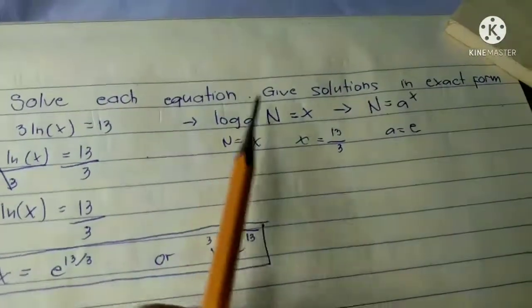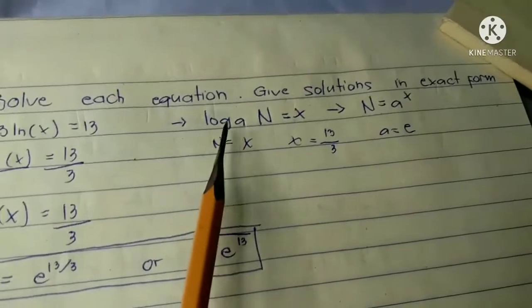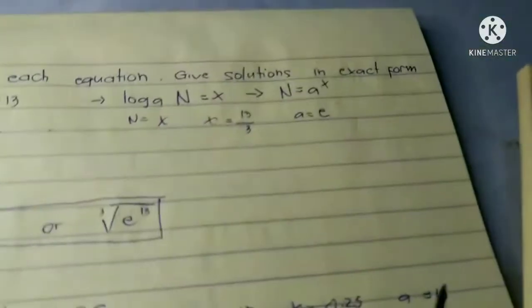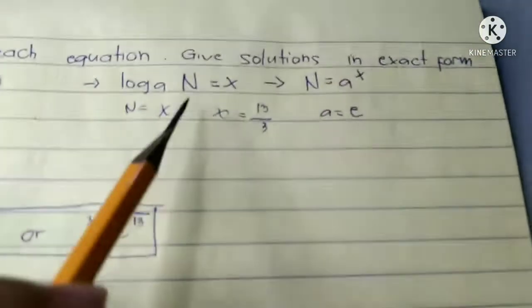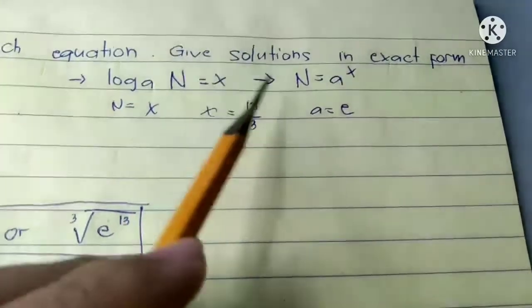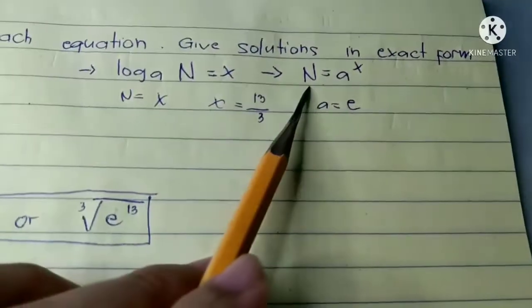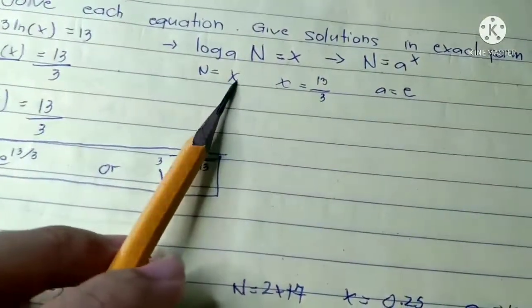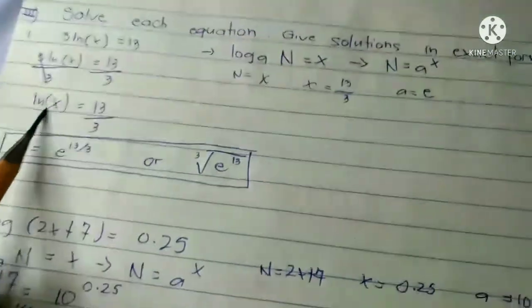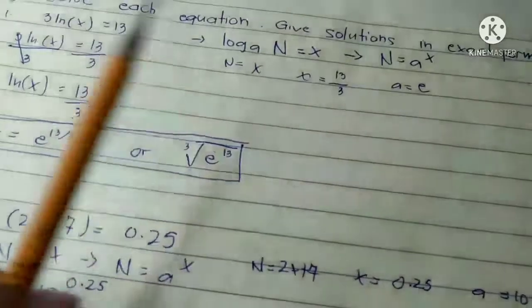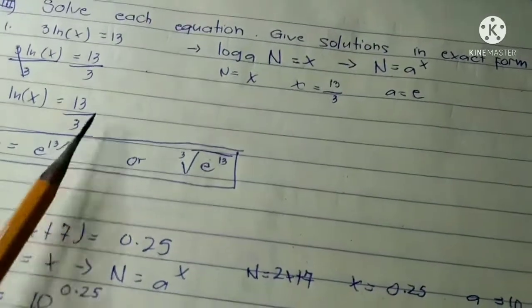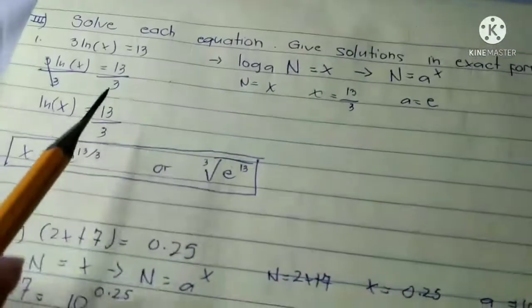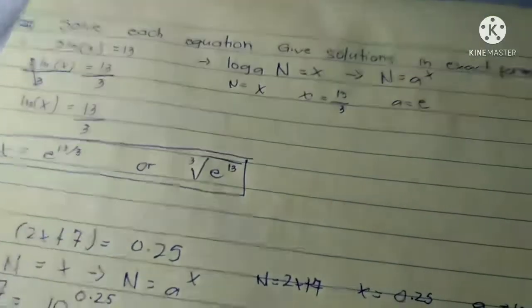Then after this I put this in exponential form. Log base a of n is equal to x becomes n is equal to a raised to x. Our n is our x, our x is 13 over 3, and our a is e, since this is a natural log.